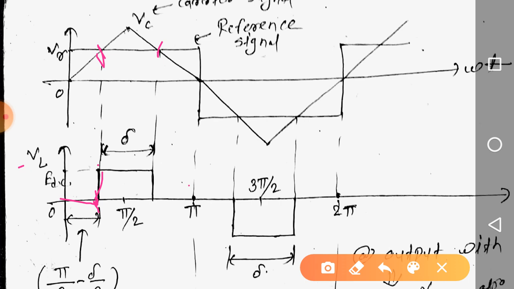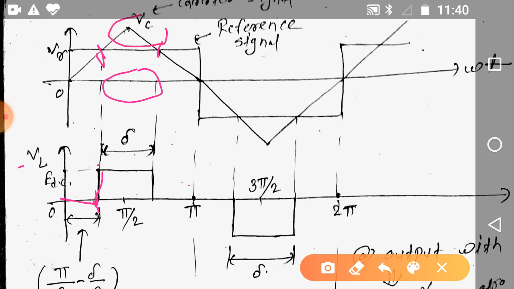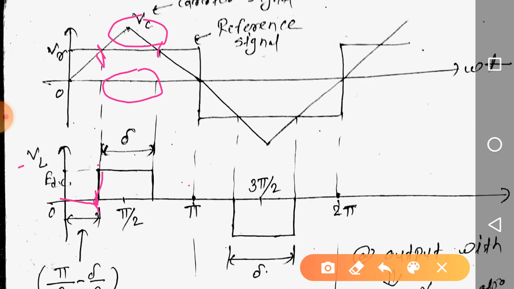If you check during this interval, VC is greater than VR. Again S1, S2 are turned on, so the output voltage will be EDC. From this instant to this instant, the output voltage is EDC.